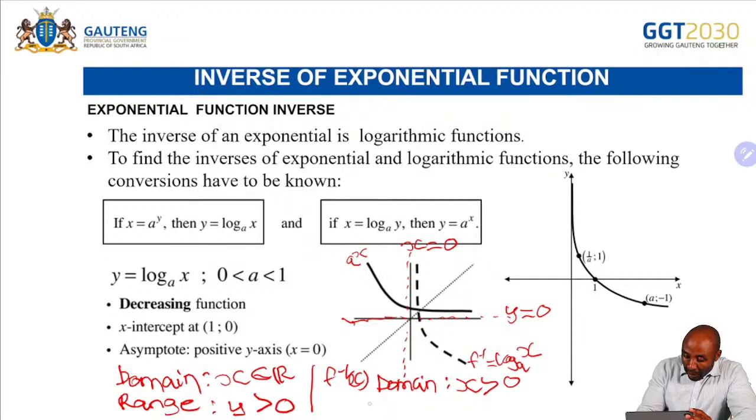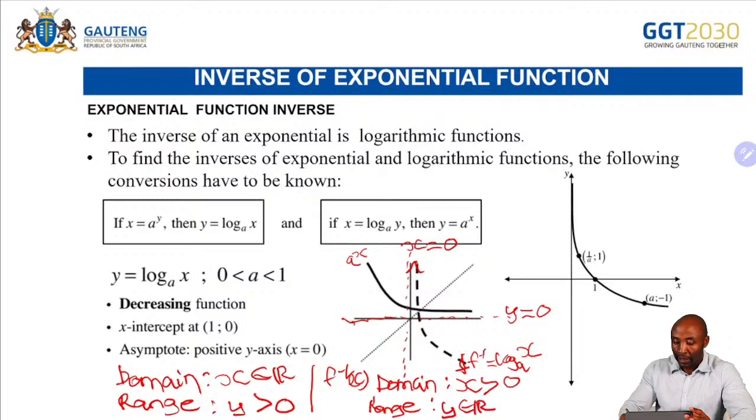And if you look at our range now, our graph continues. So our range is now y, an element of the real numbers, from negative infinity to positive infinity.